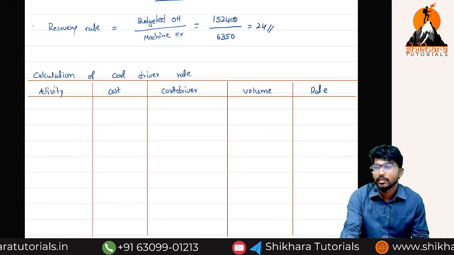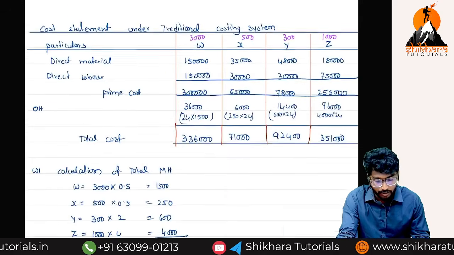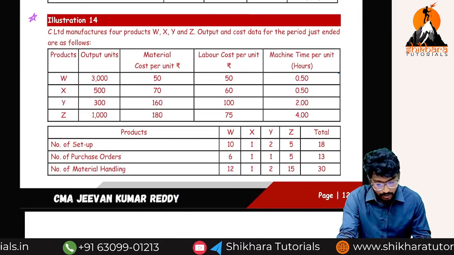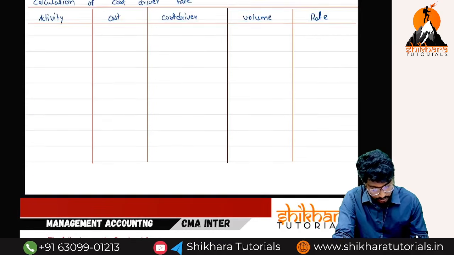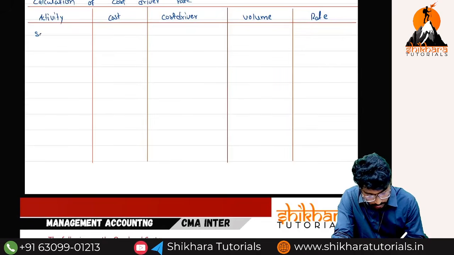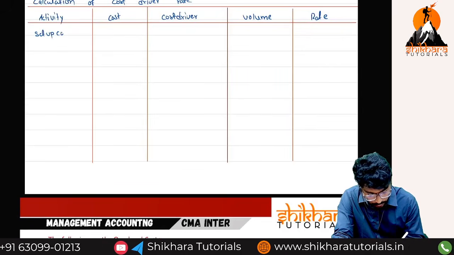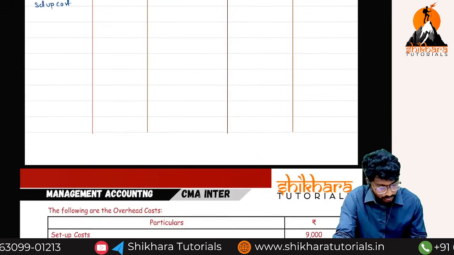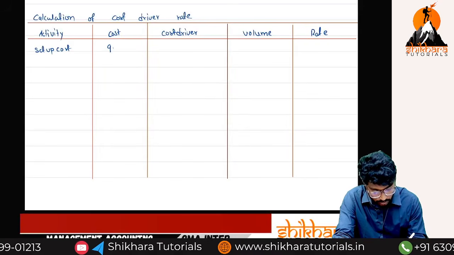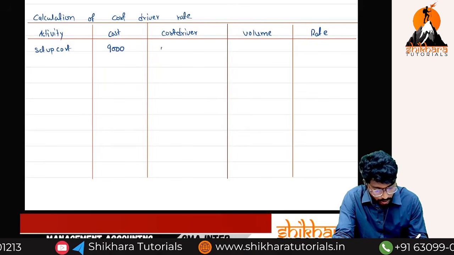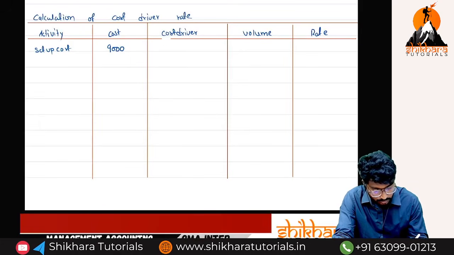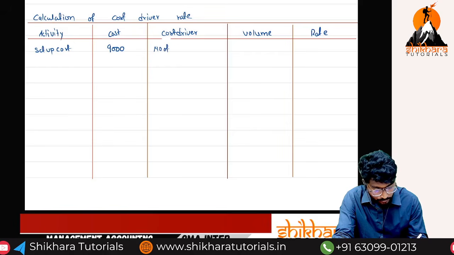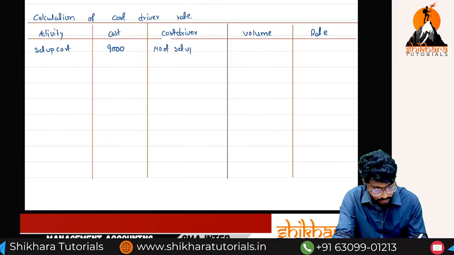What is the first activity we have? First activity is setup cost. What is the cost? 9,000. What is the cost driver? Number of setups.